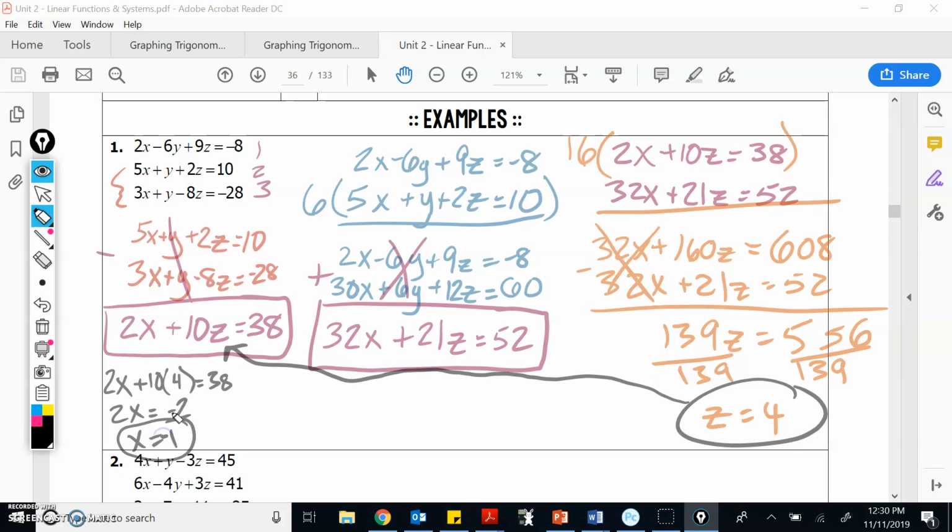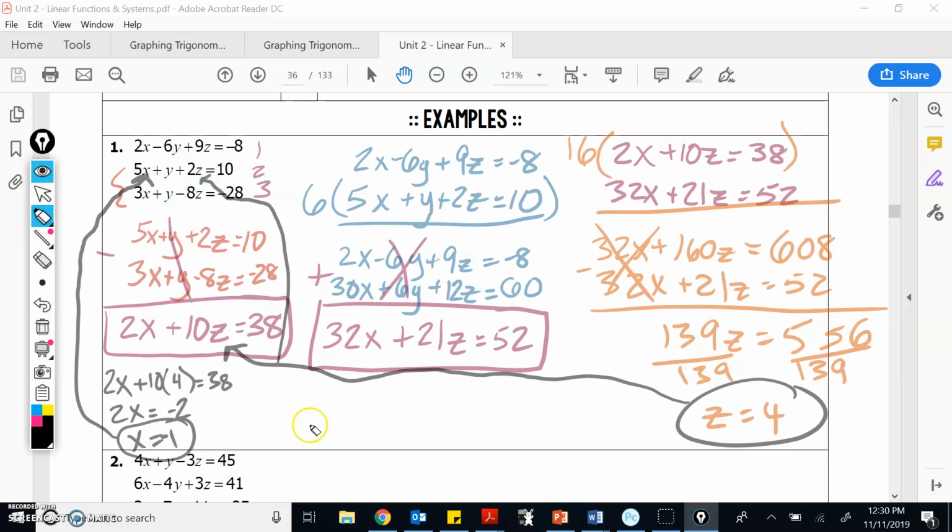Negative 1 right there. And then our last variable we need to solve for is y. In order to do this substitution, we can't substitute it in for any of these in purple because there are no y's. We're going to have to substitute in the middle one, and we're also going to have to substitute z as well.